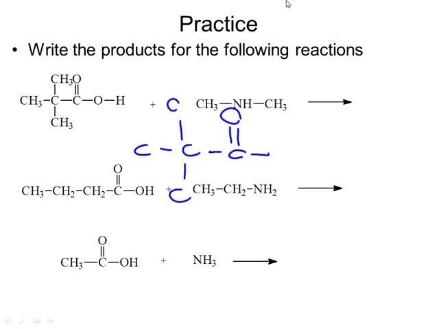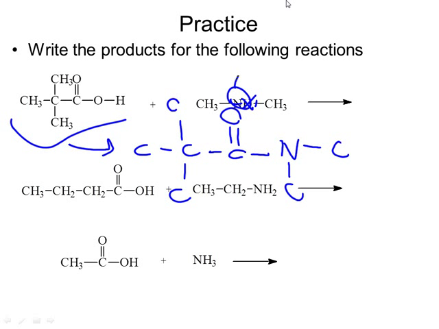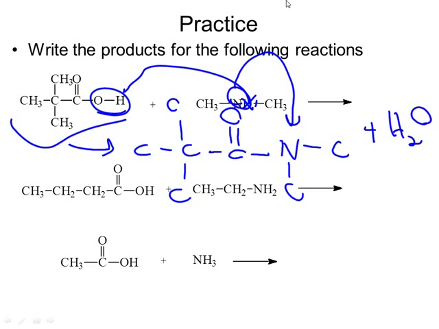And then instead of an OH here, so I'm just drawing the same structures of carboxylic acid, but when I go to put the OH, I stick this nitrogen here, so an N, but the H is going to be gone. So I've got C and C, so this nitrogen has come here, and then plus H2O, the water has left. That's where the OH and that H went. So this is my final product.